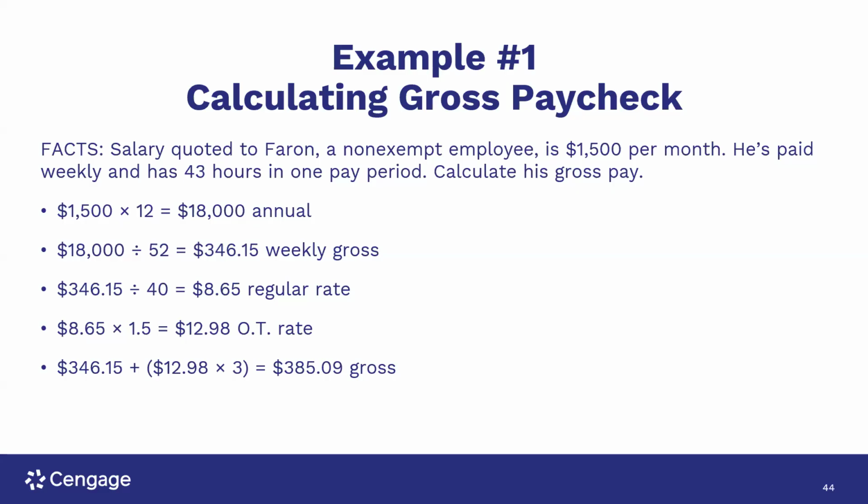So we take 1,500 times 12, that's $18,000 per year, divided by 52 weeks is $346.15 per week, or 8.65 is the regular rate. Then time and a half times the regular rate is 12.98 for overtime, and 12.98 times 3 hours plus the regular salary of 346.15 is 385.09 gross pay for the week.